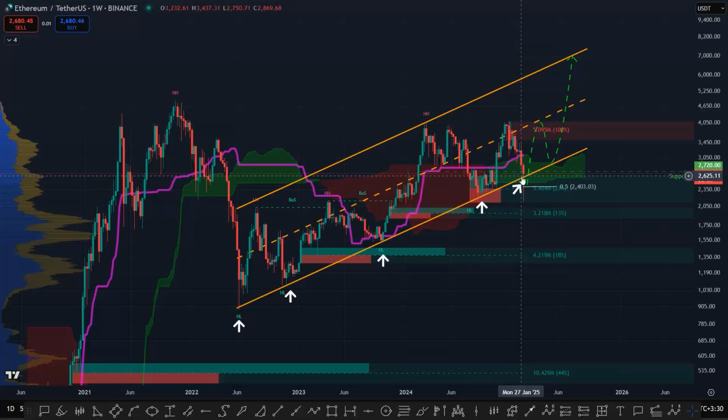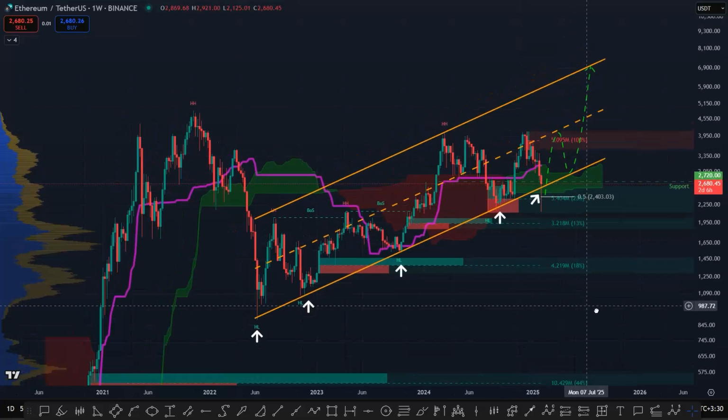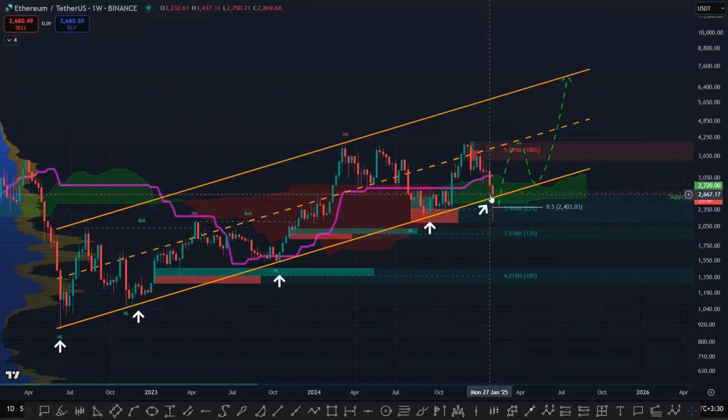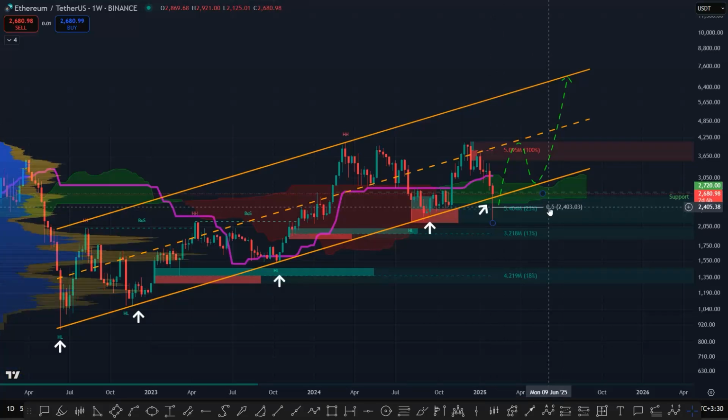Usually, in this kind of situation, when we create a sharp shadow to the downside, 50% of that shadow will be retested again. So I'm going to put a limit order, or in a lower time frame you can watch for bullish signals like a bullish QM pattern in the 4 hour or 1 hour time frame. And if you see it around $2,400, you can go for a long position.